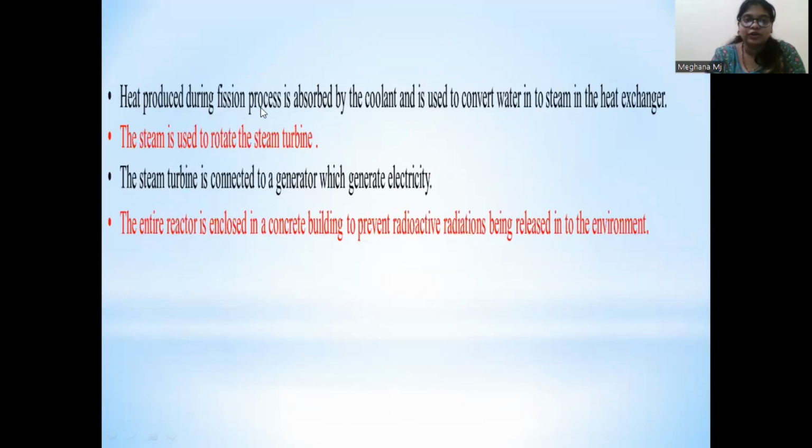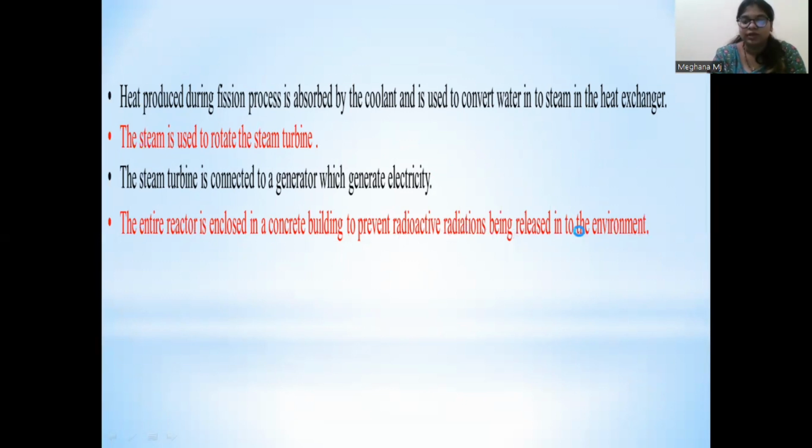Heat produced during the fission process is absorbed by the coolant and is used to convert water into steam in the heat exchanger. The steam is used to rotate the steam turbine, and the steam turbine is connected to a generator which generates electricity. The entire reactor is enclosed in a concrete building to prevent radioactive radiation being released into the environment.